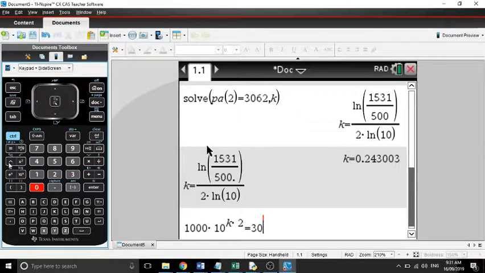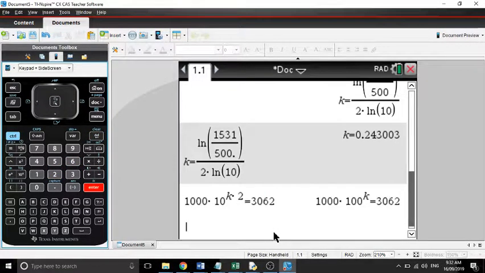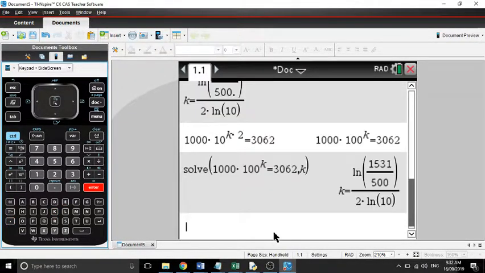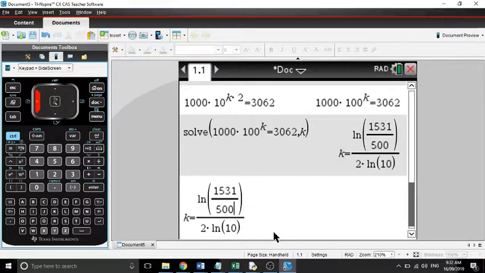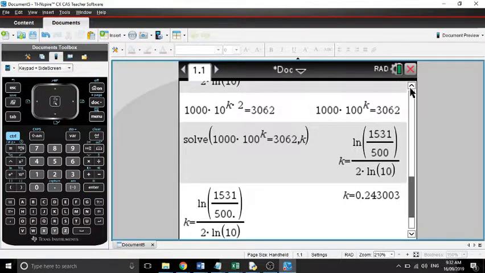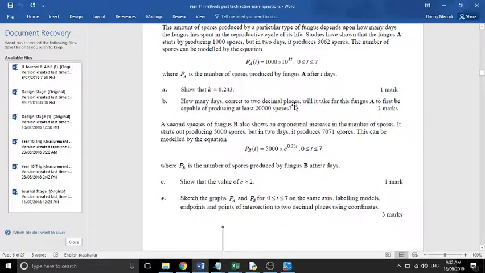That's what you've got there, and then we're going to solve that for k. We end up with that thing there, 0.243, and we end up with their answer. So this is the type of thing I expect to see. That's what you're solving for. So you'd write that down, and you go off and show that it's what it is.